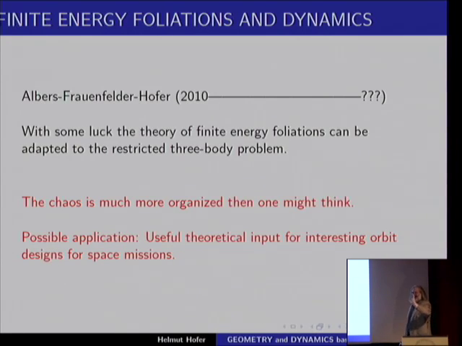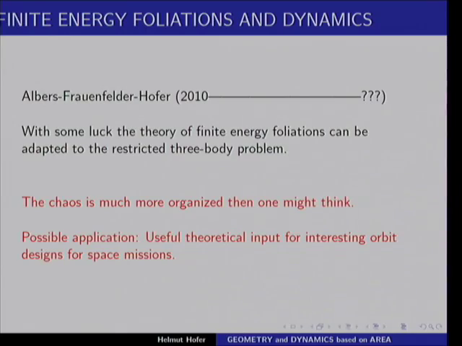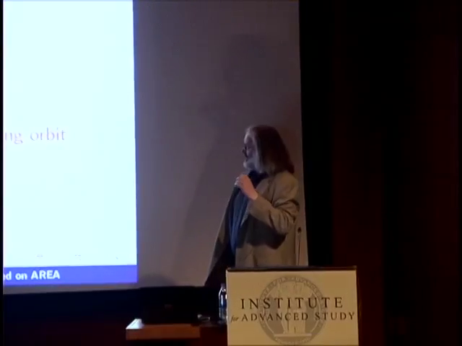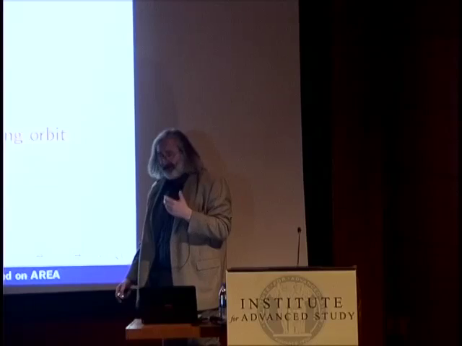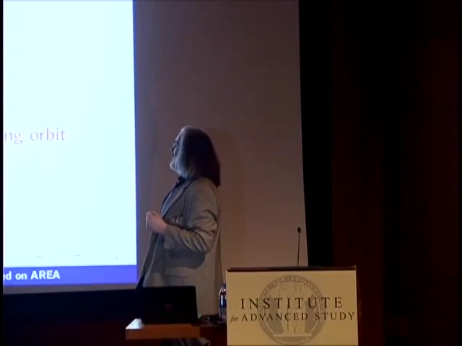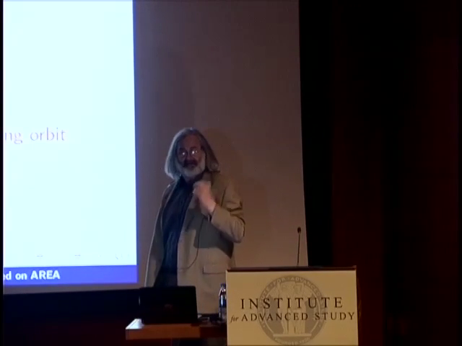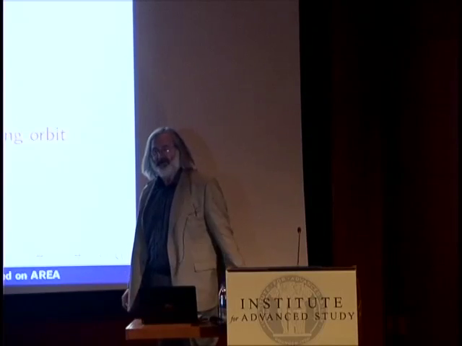So it seems that there is some evidence that some of this really very fancy stuff, which was started 250 years ago, and which is really voodoo-type mathematics, at least for the outsider, might ultimately lead to some useful things, namely to recognizing that the chaos one sees, for example, in the restricted three-body problem is actually somewhat organized.